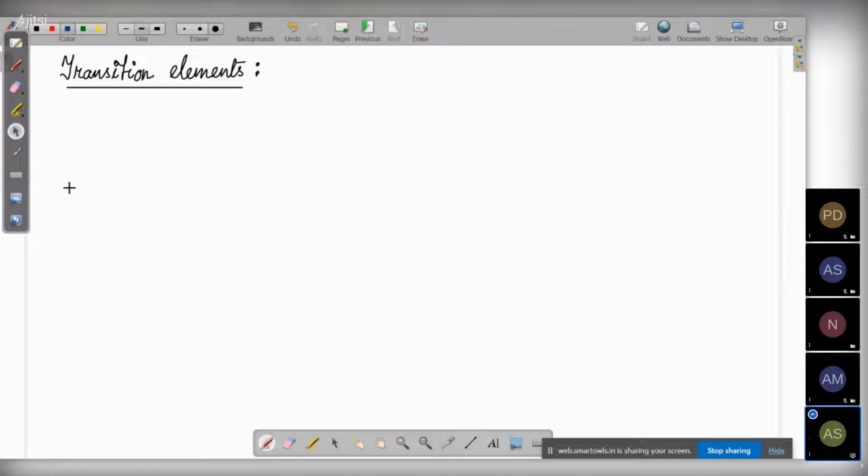So this is the class 10 level definition. But this definition is not the right one. Let's see the right definition of transition elements. That is the one that Nainika already told, but it's still not completely right.